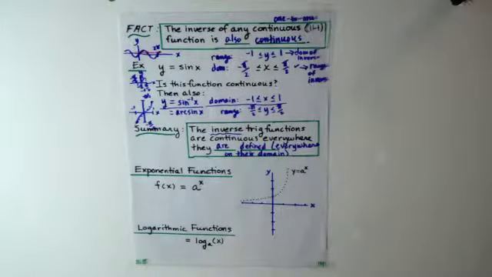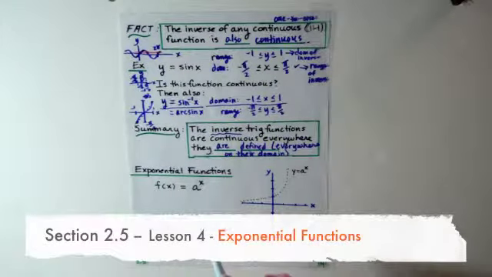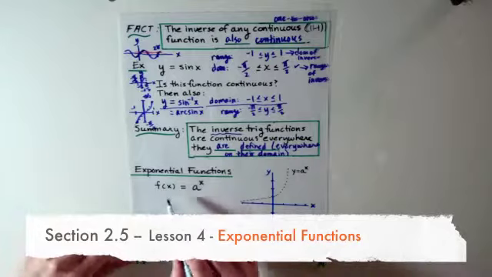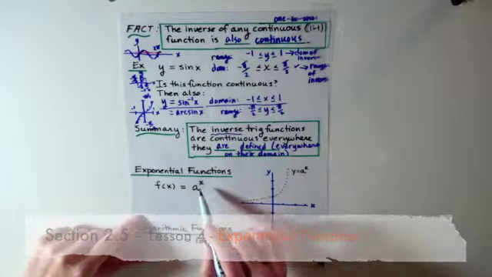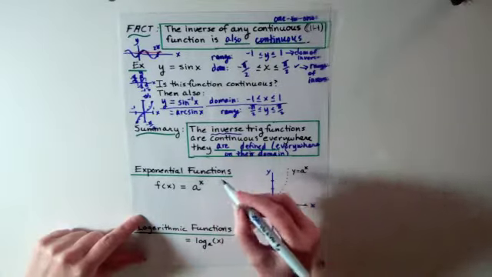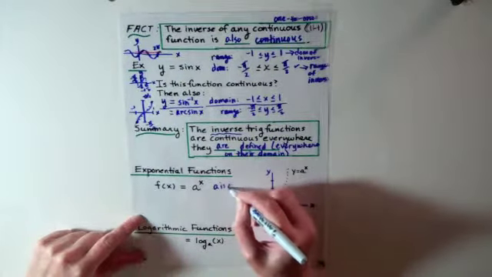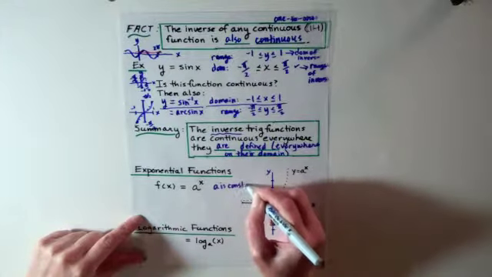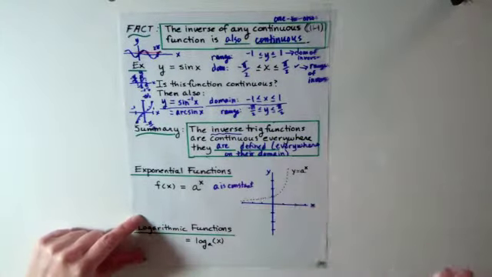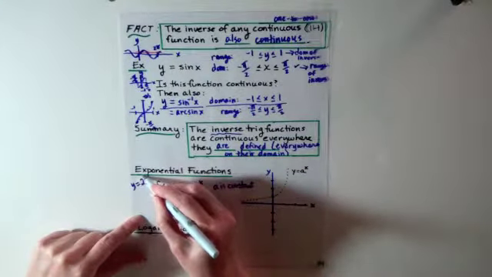Okay, let's go ahead and think now about exponential functions. Remember, an exponential function is a function of the form f of x equals a to the x, where a is some fixed real number. So keep in mind here that a is a constant. An example of an exponential function would be something like y equals 2 to the x.